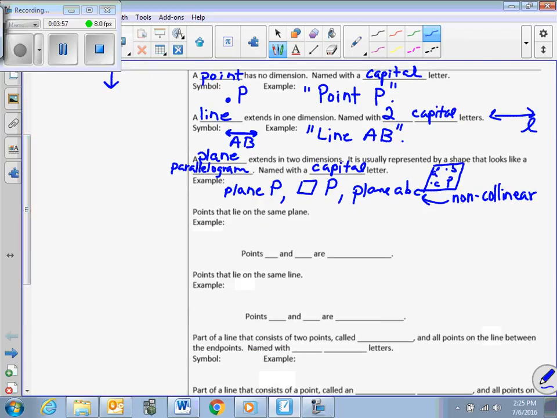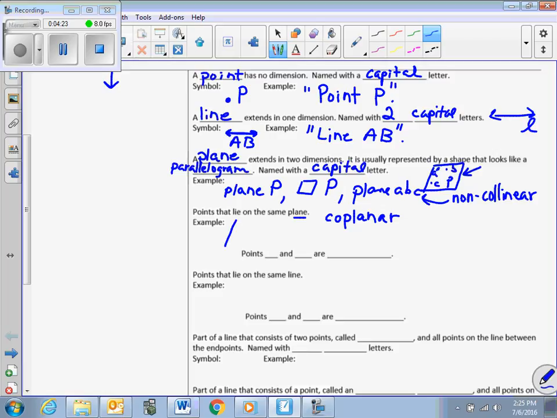Points that lie on the same plane are called collinear points. So if I talk about collinear points, I'm sorry. We're not talking about collinear. We're talking about coplanar. If they lie on the same plane, they're coplanar points. And that's like ABC in my example that I gave you here.